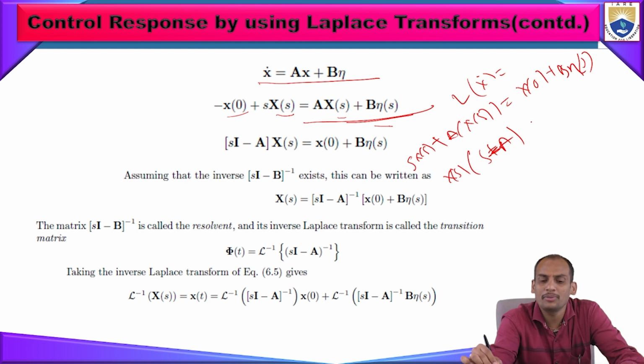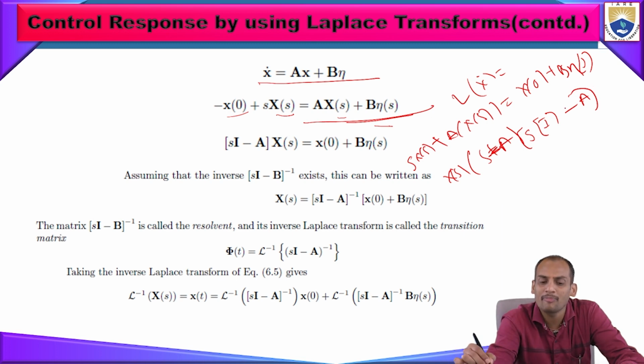If you want to write it in matrix form, in terms of the unit matrix, s into I we can write as a unit matrix, and a also as a matrix. So this has all been converted into vectorial matrix form.